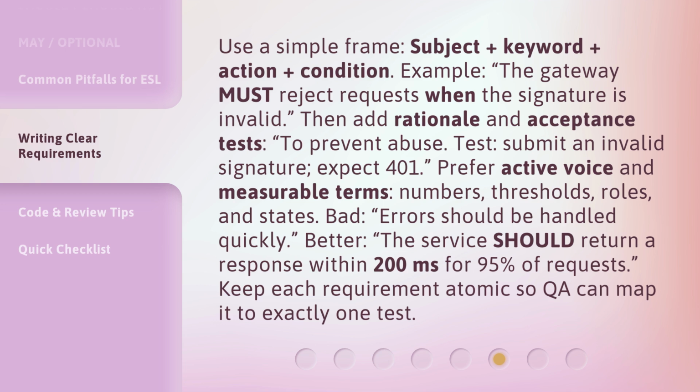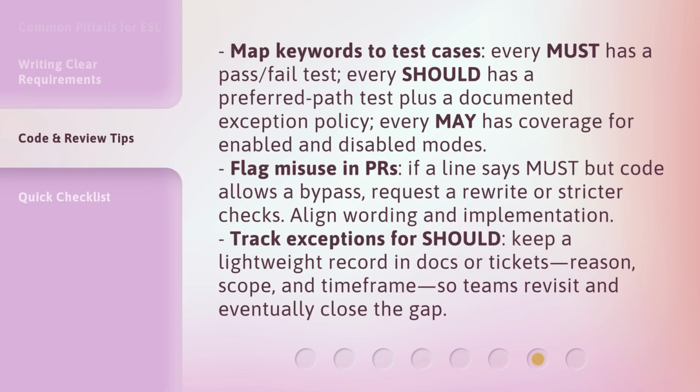Prefer active voice and measurable terms, numbers, thresholds, roles, and states. Bad: errors should be handled quickly. Better: the service should return a response within 200 milliseconds for 95% of requests. Keep each requirement atomic so QA can map it to exactly one test.